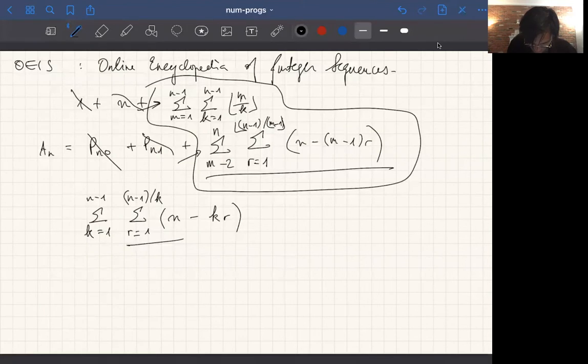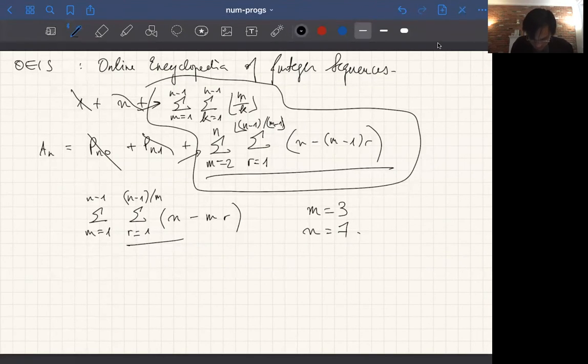This is m equals 2 to m. And all this should be m as well. And then we'll just leave r and k separate. Okay, so we'll say m is 3 and n is 7.